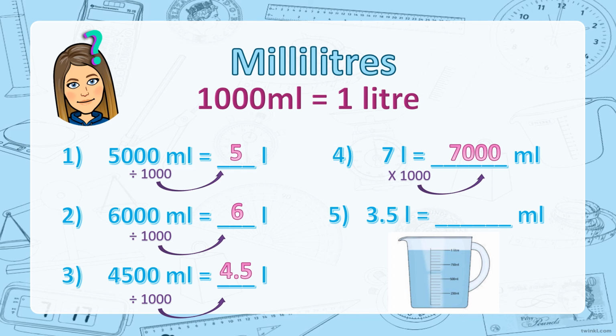And our last question, 3.5 litres into millilitres. Again, because we're changing from litres to millilitres, we need to multiply by 1000. Move those digits 3 times to the right. Excellent work. Our answer would be 3,500.